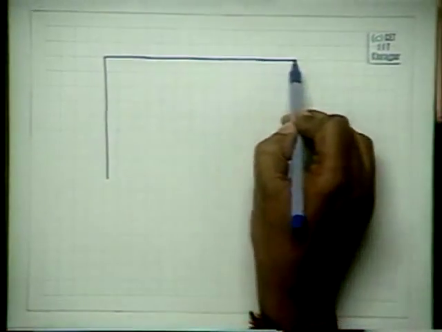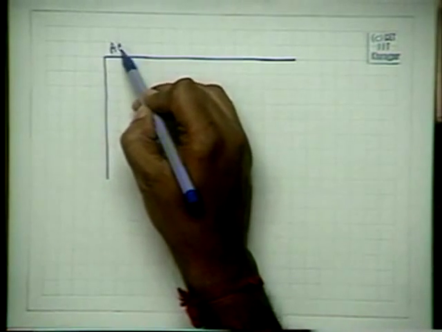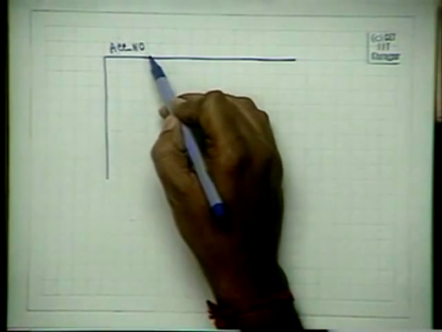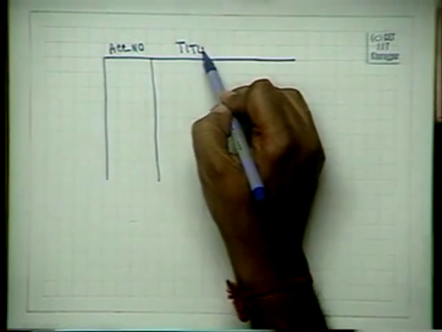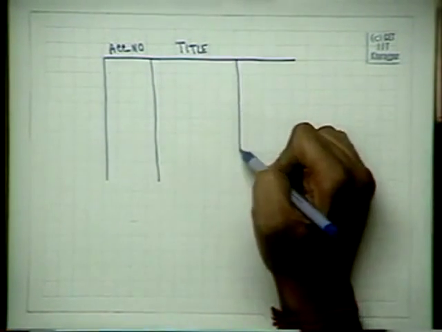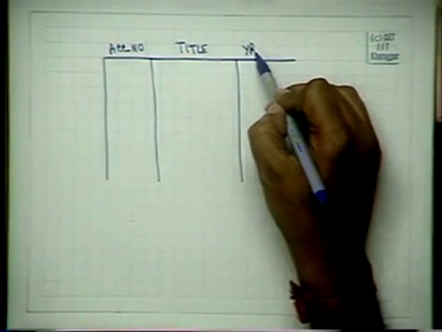We will use the same ideas which we use in pointer manipulation, and we will develop the ideas slowly. What we will have is, other than the attributes, we have got the accession number, we have got the title, and we have got the year of publication.